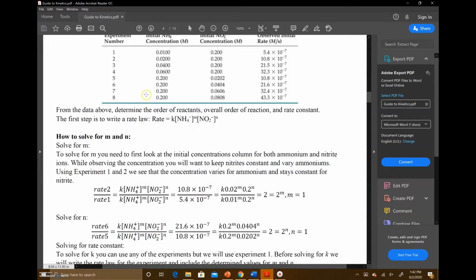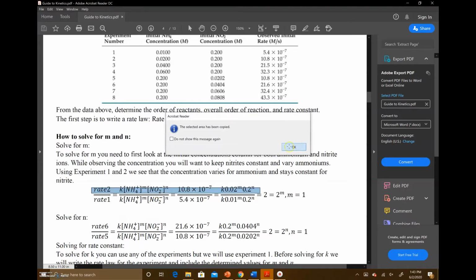So if we look at the way it's set up for this, the first part, which is NH4 plus 1, we see that we have rate of 2 divided by rate of 1, but we set up the rate law, and what we do is we add in the information from that particular experiment, in this case experiment 2, into the rate law.